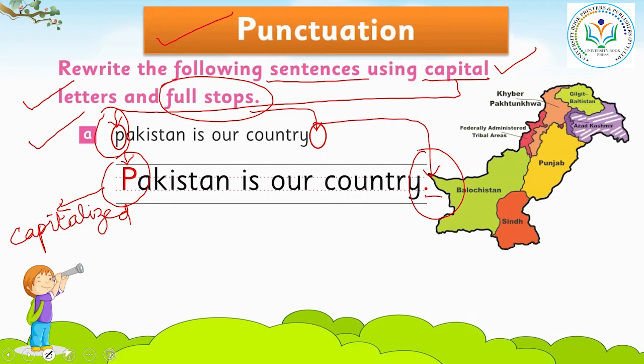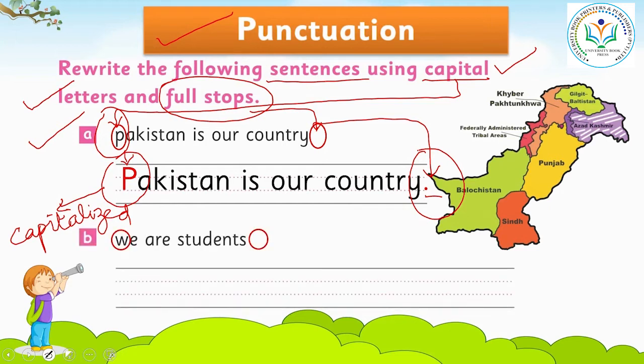Now I am going to the next sentence. That is, we are students. Now see the first alphabet, that is W, that is small.